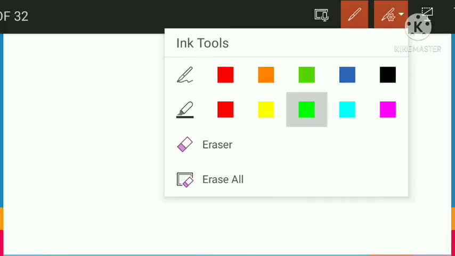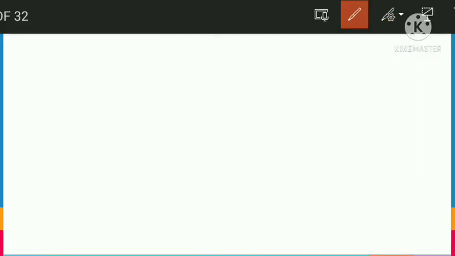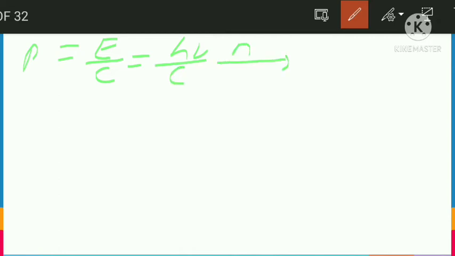So let's see, friends, how we have to approach. Can we find the total momentum carried by each photon per second? Yes. The momentum of each photon, I think you know, is P equals E by c, which is h nu by c. And if we have total number of photons n, then it will be n h nu by c.